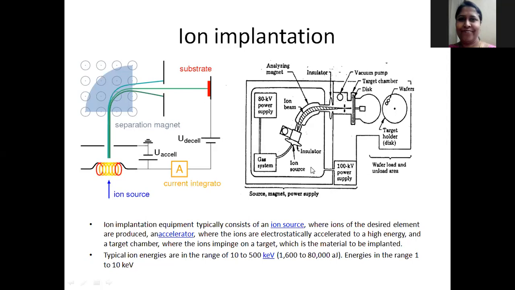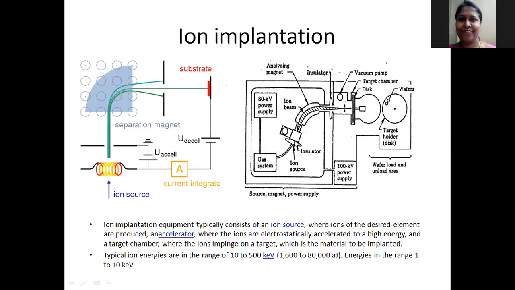So here we see the actual diagram of how we can get this ion implantation done. An 80 kilovolt power supply is connected to a gas system, and the ion source is kept here.